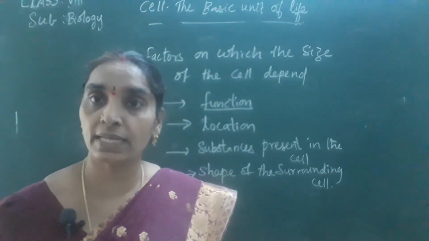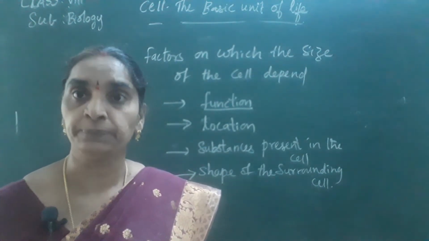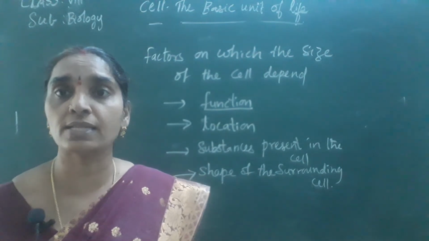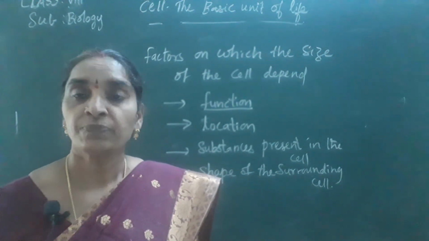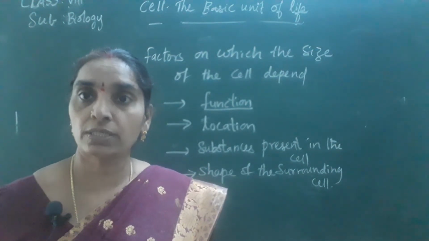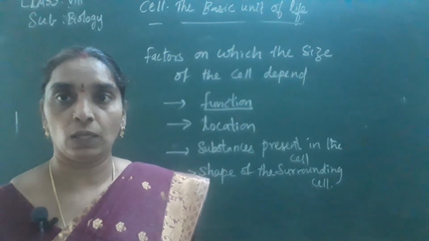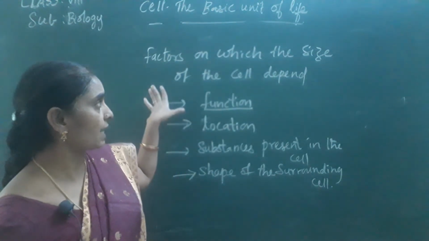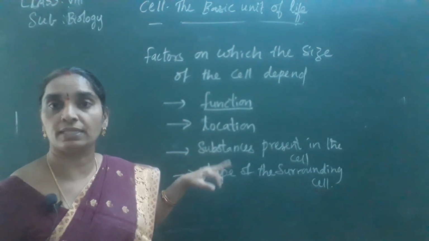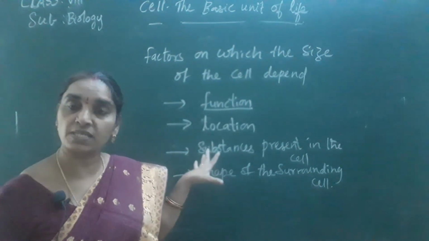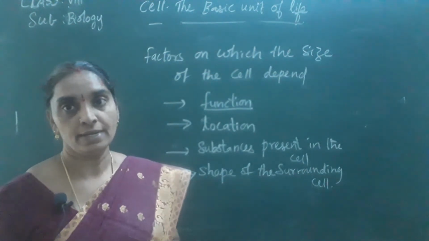And the cells of the kidneys perform the function of excretion only. The different cells present in the different organs of the body perform their functions where they are located. So the size of the cell depends upon the function and the location of the cell, the substances present in the cell, and the shape of the surrounding cell.